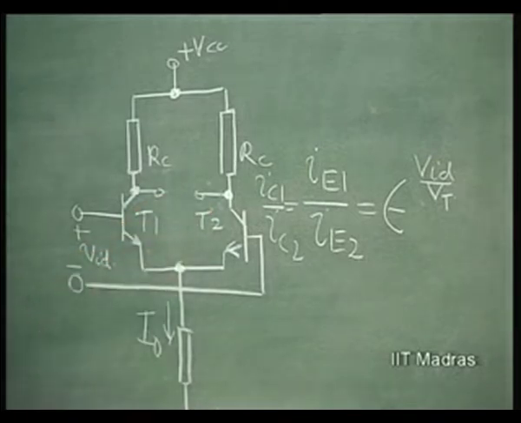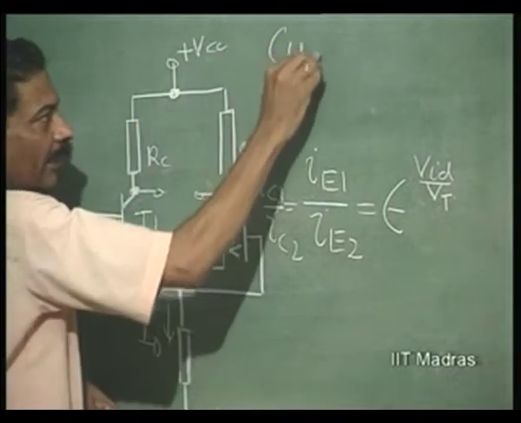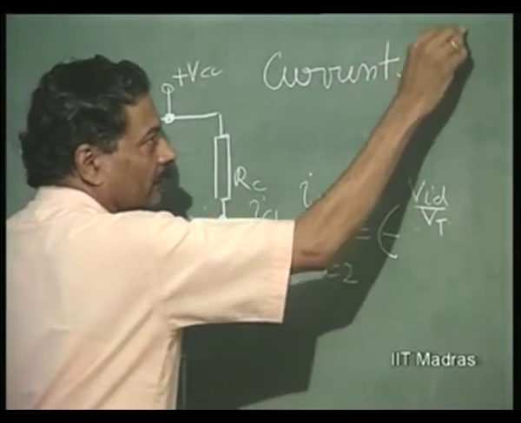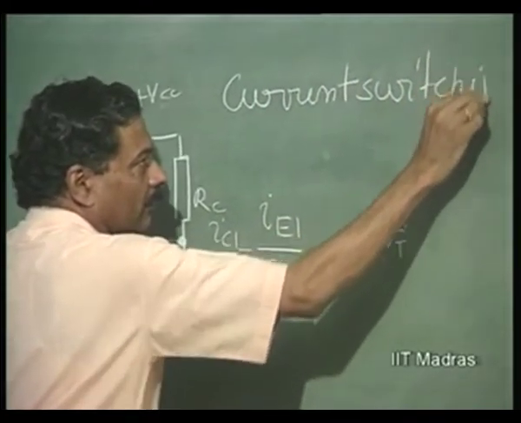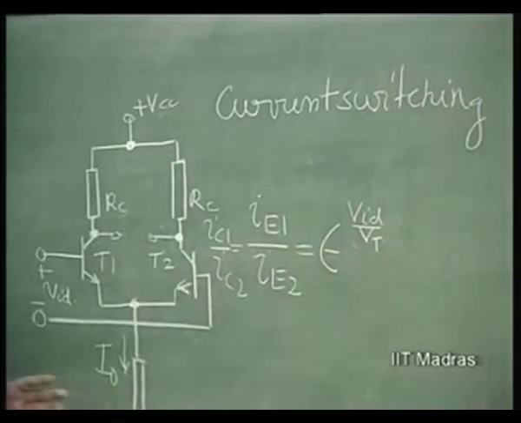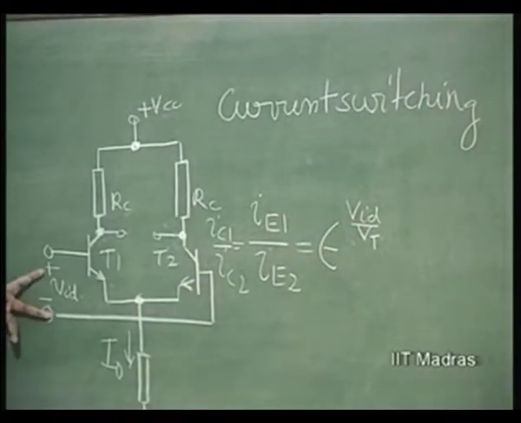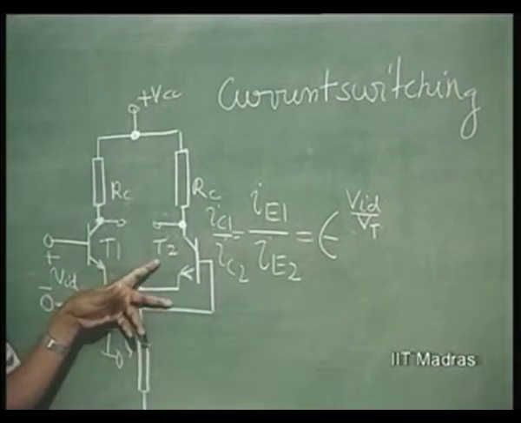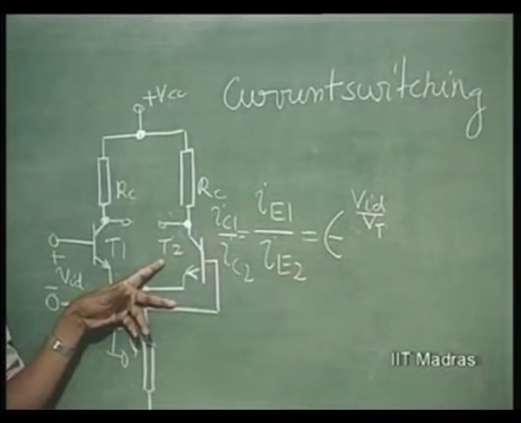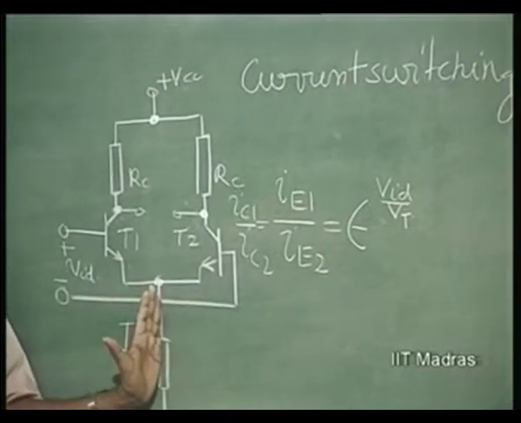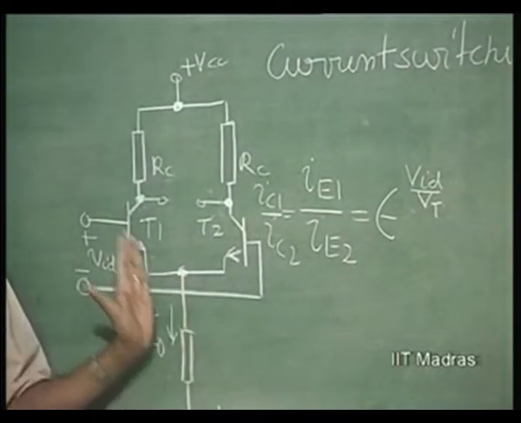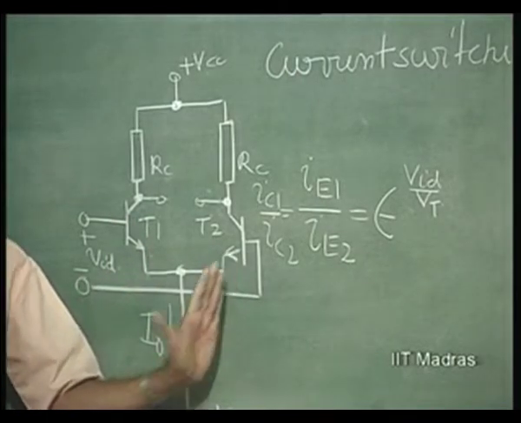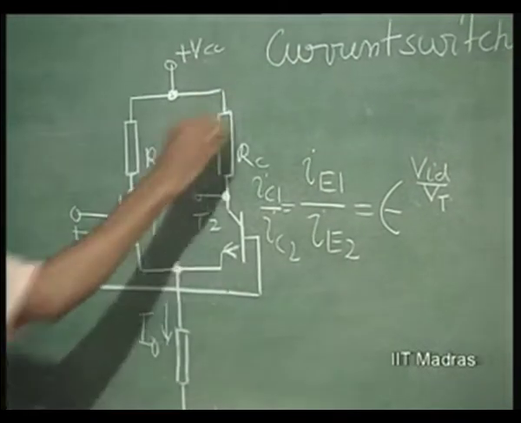And this is called current switching. What has taken place now, by applying a VID of positive polarity and going to negative polarity, is that the current has totally switched from this transistor to this transistor. This is called current switching.